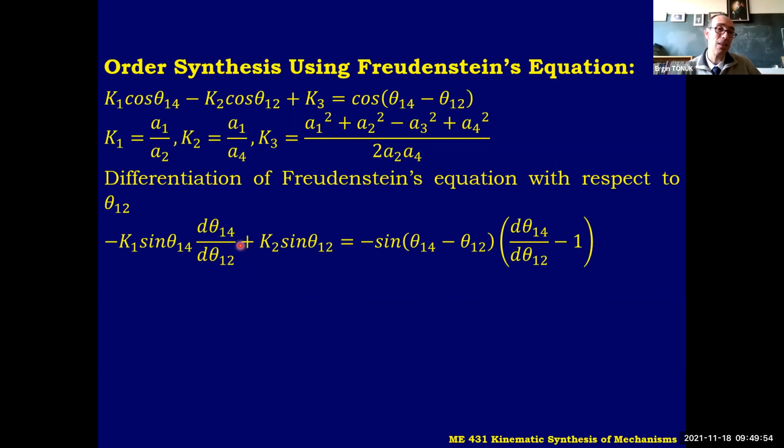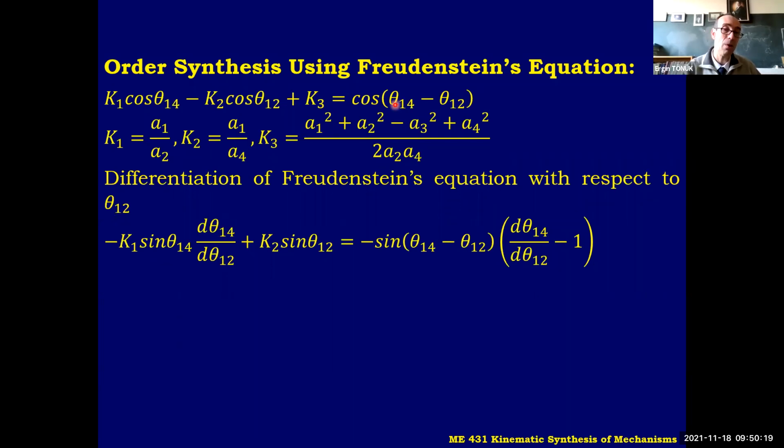If, say, d theta 1, 2 by dt, which is omega, is constant, then you can think that this is just velocity approximation. So what I'm doing is I'm taking first derivative of this equation with respect to theta 1, 2. That's first order.